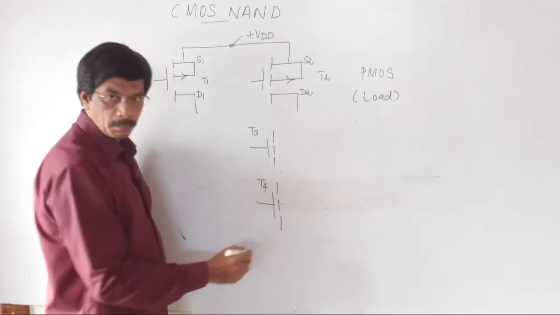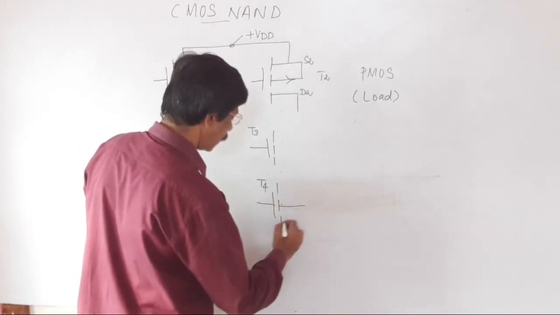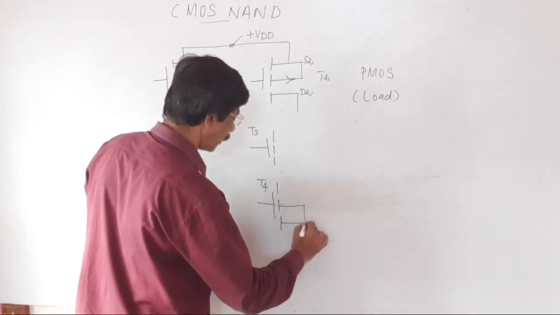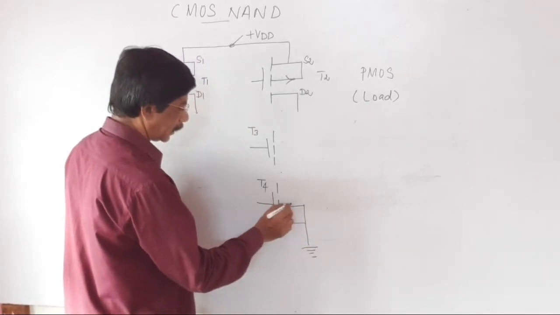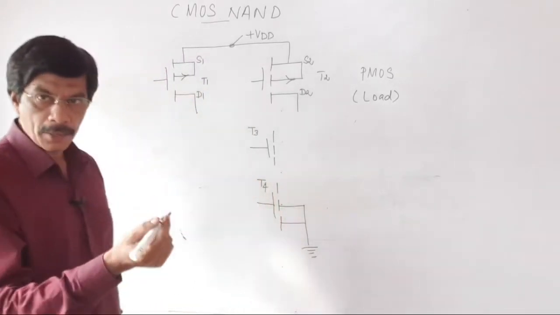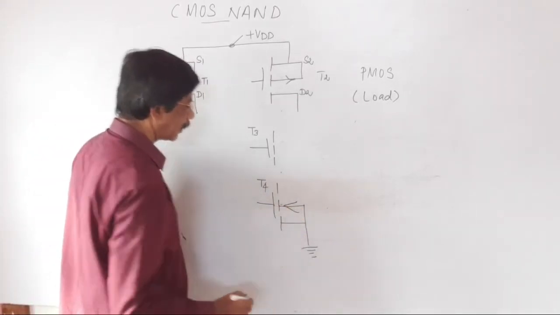These both belong to NMOS transistors. This is the substrate terminal, this is the source terminal, both are interconnected, which is grounded. In the case of an NMOS transistor, the arrow is moving towards the gate terminal.